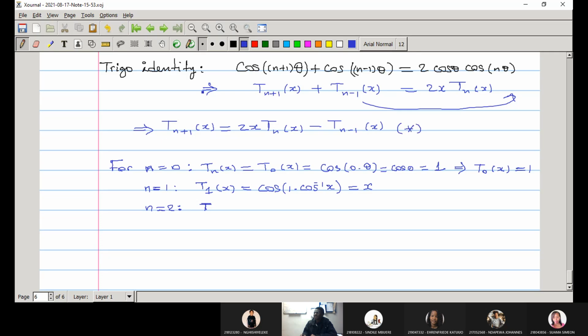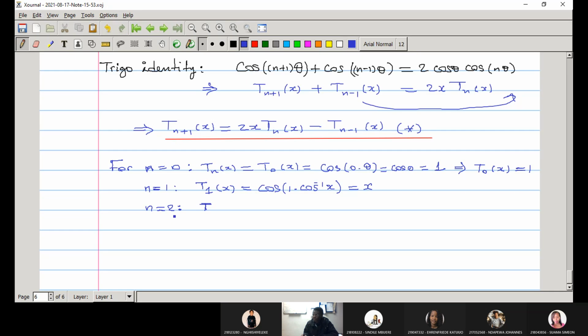So I substitute into star n equal to 1, so 1 plus 1 will be 2.